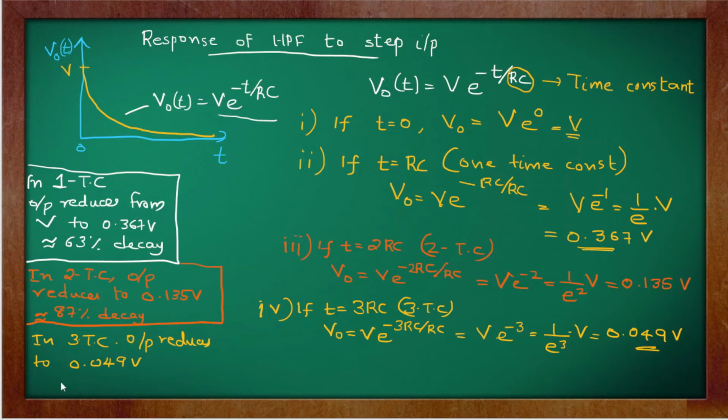That means approximately 95% decay. So in 3 time constant duration, output reduces to 0.05, not 49. That means 95% decay will happen in 3 time constants. Okay.